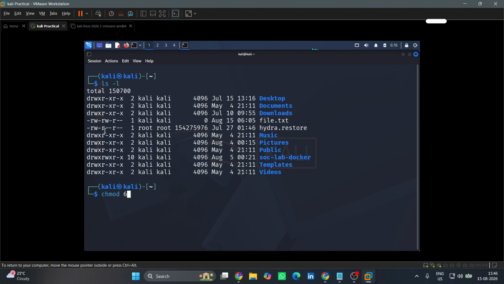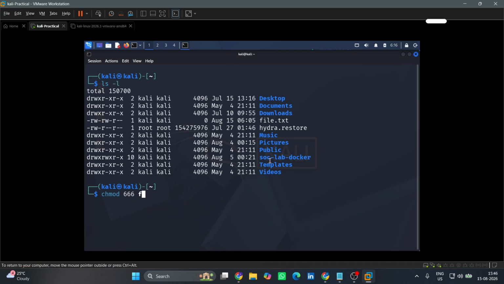This 6 belongs to the owner. Now we write 6 one more time. Why? Because this belongs to the group to which the owner belongs. Now we want the same thing, that another user can also read and write this file. So we again write 6, because this last 6 signifies the other users, right?